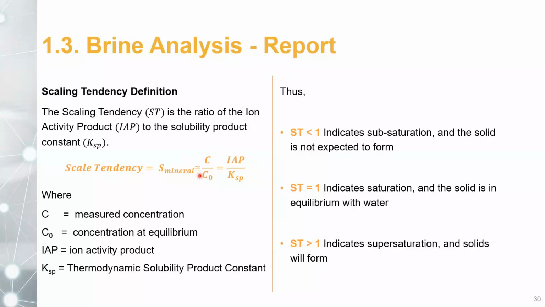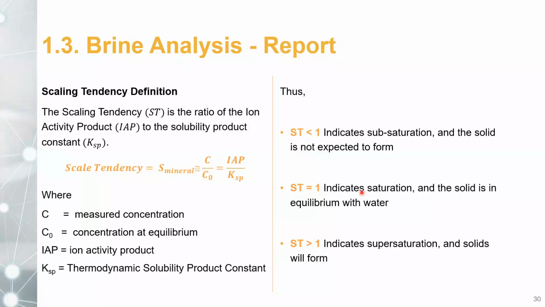So whenever the saturation ratio or the scaling tendency value is less than 1, that means that the ions are under subsaturation, right? And we are not expected to see any solid formation. If we have a saturation ratio equal to 1, that means that we will start seeing the formation of a small crystal. It will indicate basically that our water is saturated.